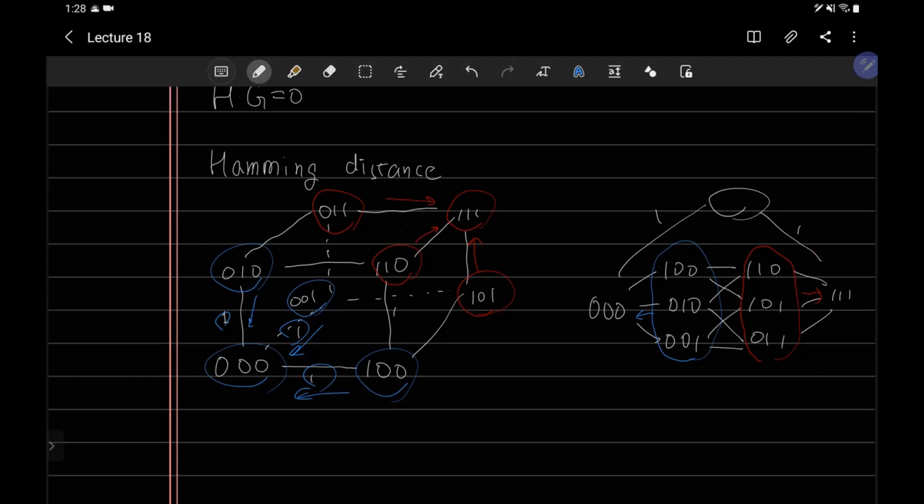It's not clear. So that's not a desirable situation. That's why we have to consider the shortest distance between any of the code words.